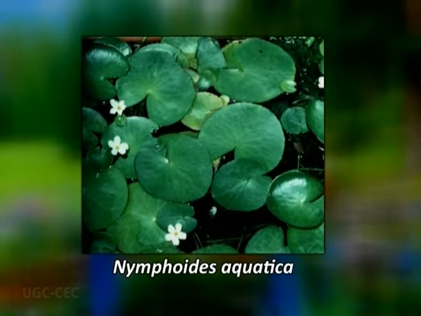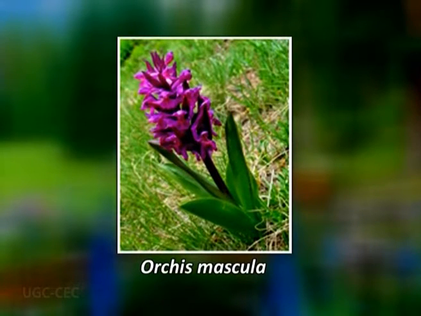In Nymphoides aquatica, the clusters of tuberous roots develop from the nodes of stolons that arise as branches from the perennial rootstock. These roots are banana-like in shape. In all these cases, the food is stored in cortical parenchyma. Fasciculated roots also occur in Orchis mascula.